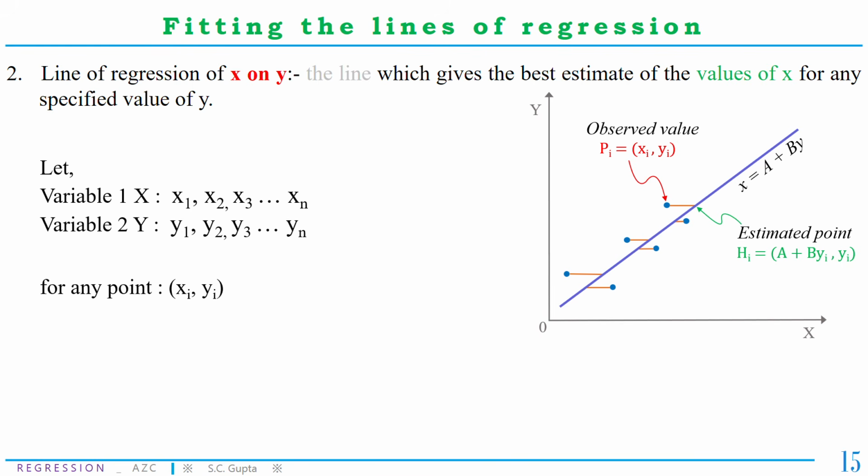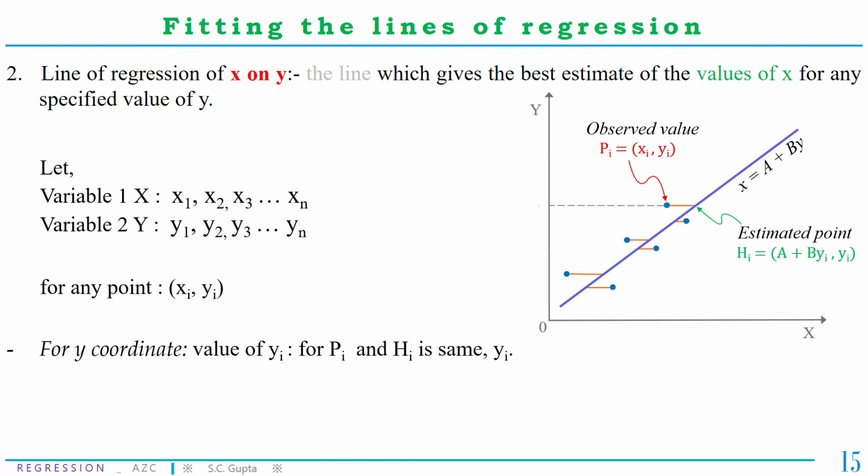The estimated point is generally represented as hi, equal to a plus b yi. For the y coordinate, because this is the line of regression of x on y, y is the independent variable. Thus, the value of y remains the same, whether at the observed point or the estimated point.